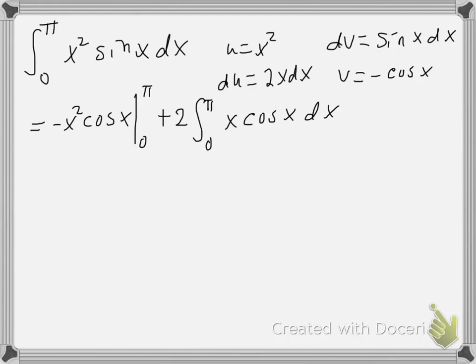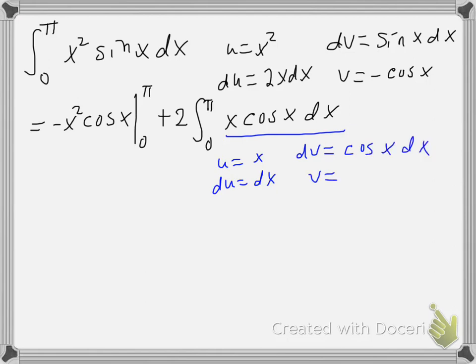Now, if you notice here, we need to use integration by parts again. So if I say u is going to be equal to x, du is simply dx, my choice for dv will be cosine of x dx. V will be equal to the sine of x.